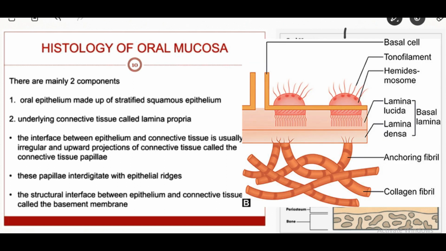It has an upper clear layer known as lamina lucida, in contact with the basal cells of the epithelium, and a lower denser layer known as the lamina densa, which is in contact with the reticular layer of the lamina propria. The basal cells are connected to the lamina lucida by hemidesmosomes.